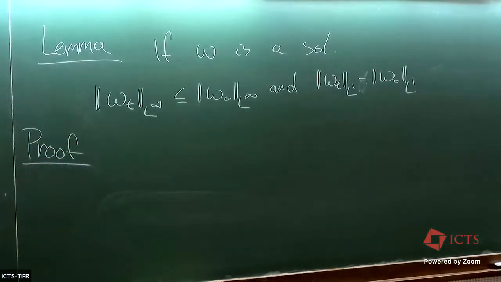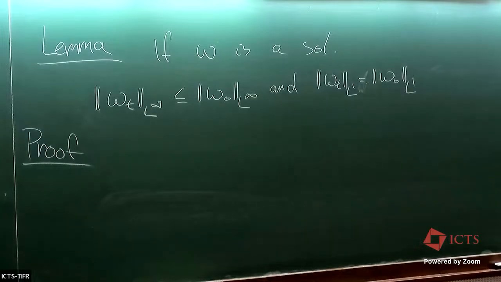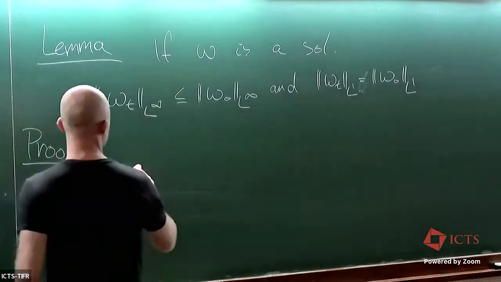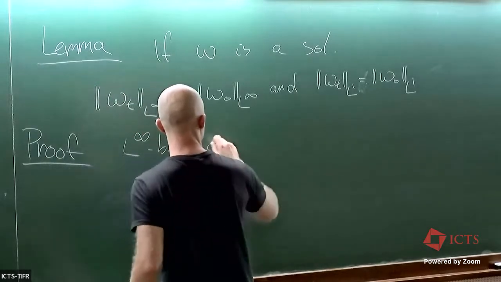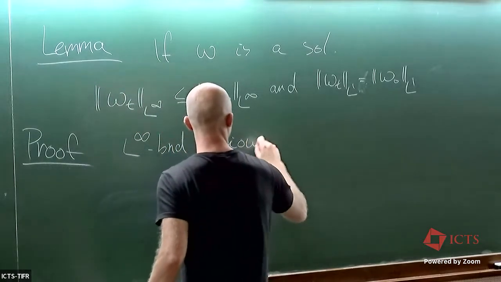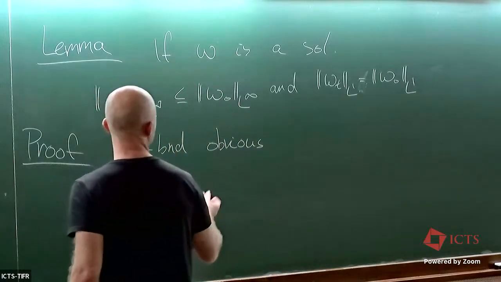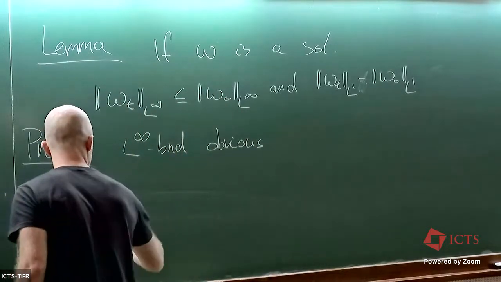So the L infinity bound is obvious, right? Omega t is defined to be omega naught in the inverse flow. So no matter what you do, it will always be bounded by the supremum norm of omega naught. Obvious. Now for the L1 norm, let's just check.